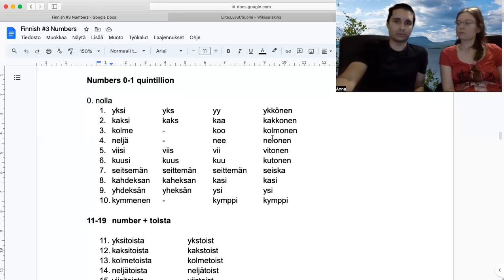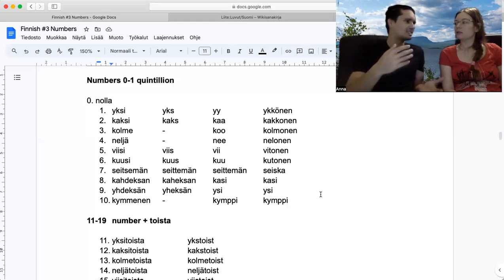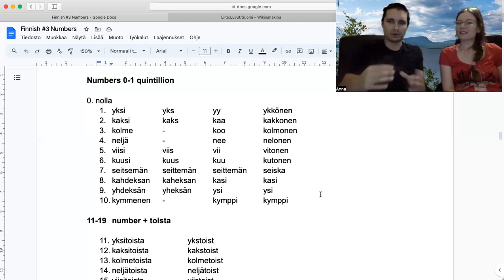We can also use these when we talk about grades, like, in English grades means 1,000 different things, I mean the marks you get for your achievements. You won't say I got 4, but nelosen. It's the conjugated definite form.